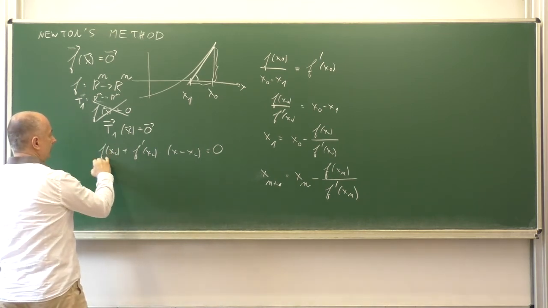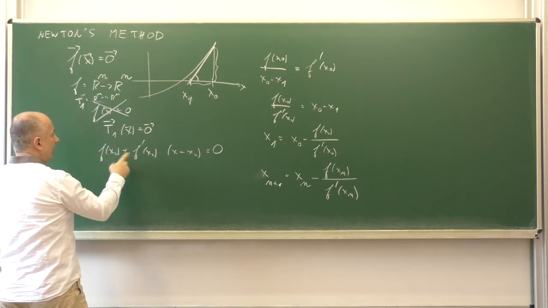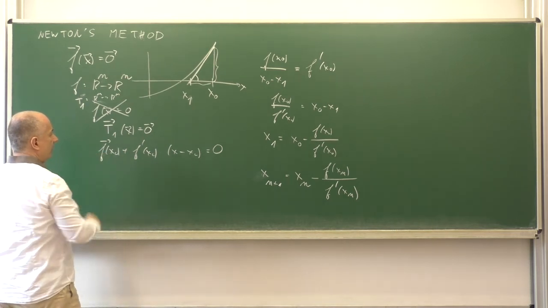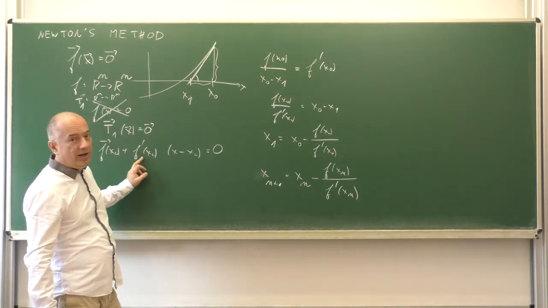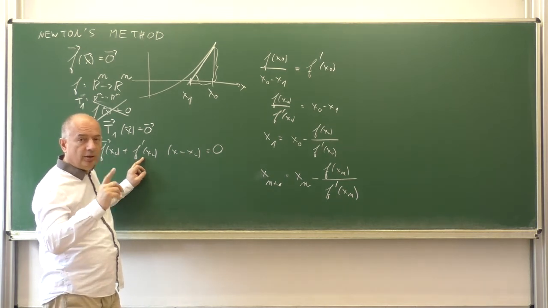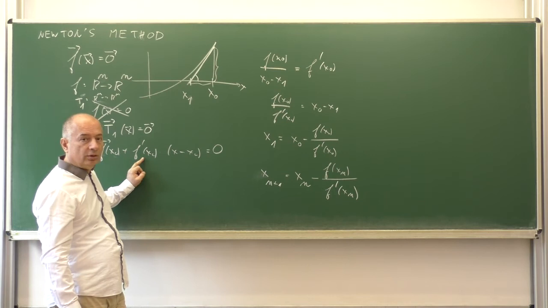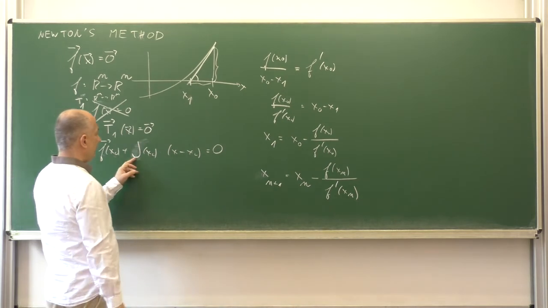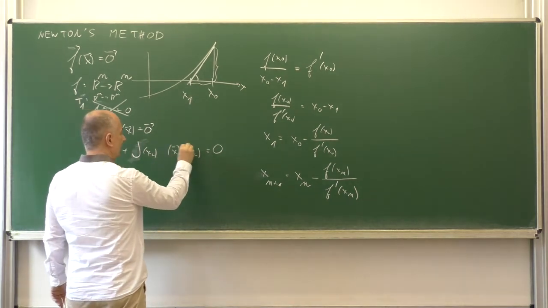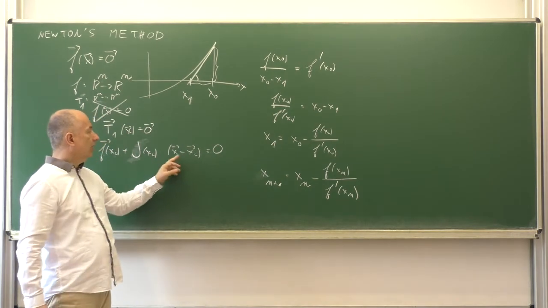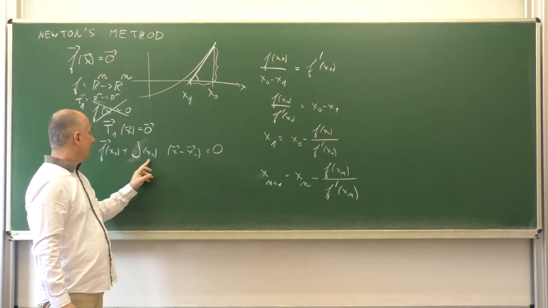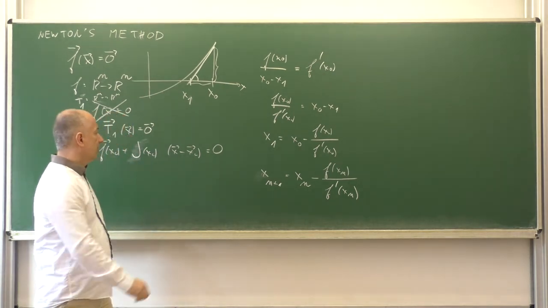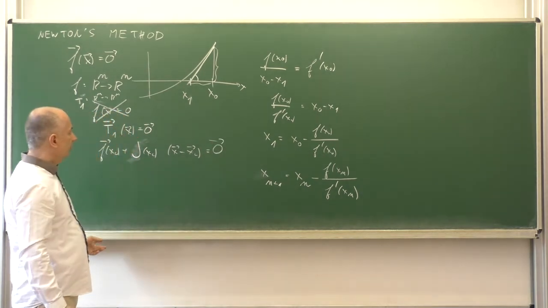And then the function value at x can be approximated by T1. That will be f arrow at x0. Now f prime is the Jacobi matrix of first order partial derivatives. Let's call it J, which is the matrix, times the difference of two vectors, which is a vector, and matrix times vector is a vector. So this plus is the sum of two column vectors, and we have 0 on the right.